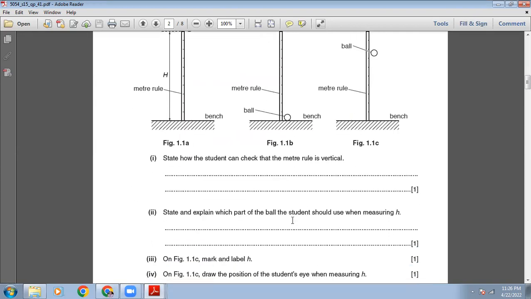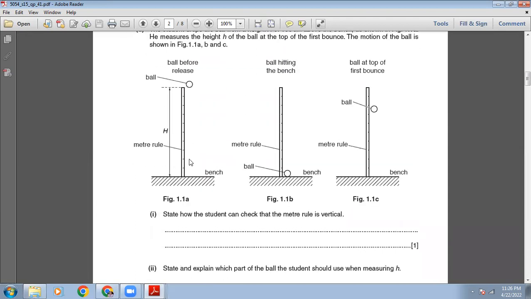He says, state how the student can check that the meter rule is vertical. If you want to make sure that the meter rule is vertical to the bench, you have to make sure that this angle here is 90 degrees. The method is very simple.